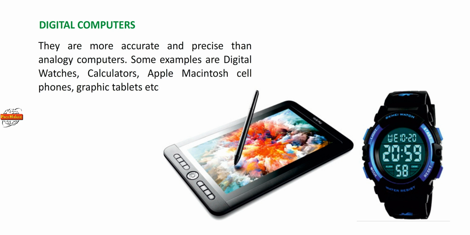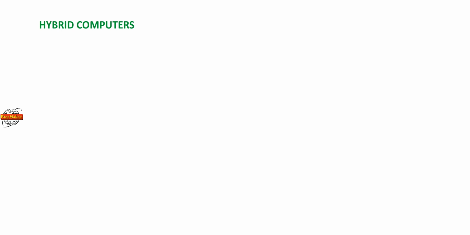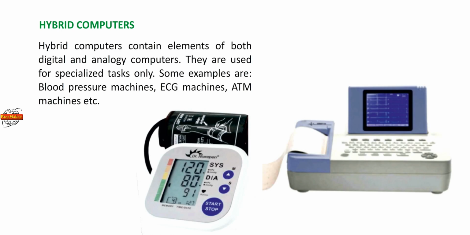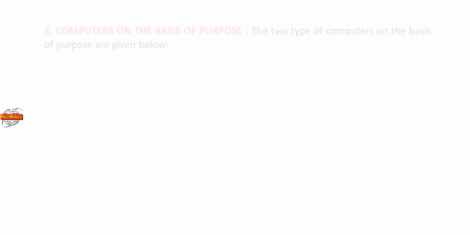Some examples are digital watches, calculators, Apple Macintosh, cell phones, graphic tablets, etc. Hybrid computers. Hybrid computers contain elements of both digital and analog computers. They are used for specialized tasks only. Some examples: blood pressure machines, ECG machines, ATM machines.